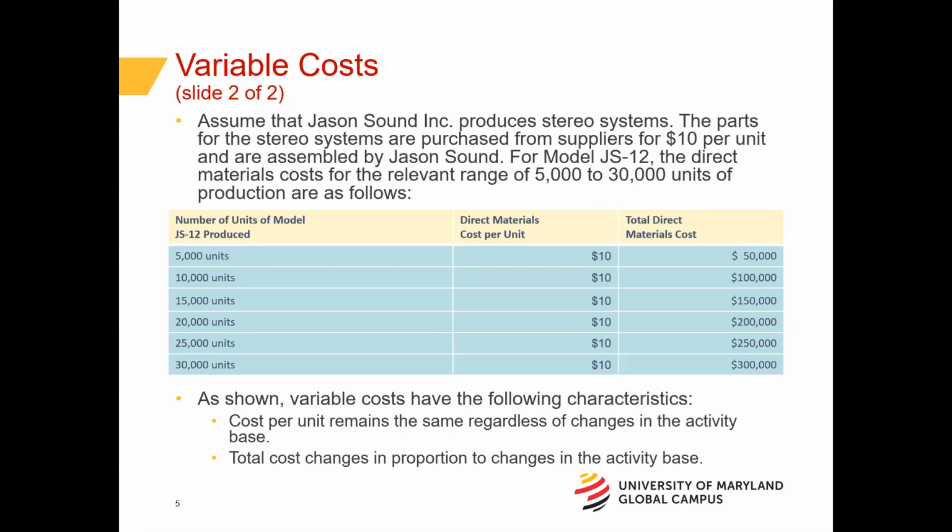We can see that our total direct materials cost changes with the level of output. So, for example, if it costs me $10 per unit and I make 5,000 units, my total direct materials is going to be 50,000. If I make 30,000 units, still at $10 per unit, my total direct materials cost is 300,000. That is why we consider direct materials to be a variable cost, because the total cost changes with the level of output.